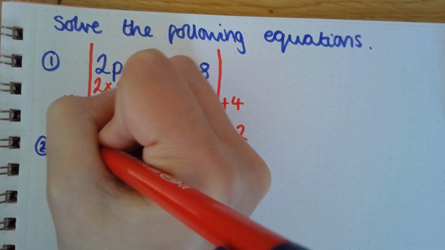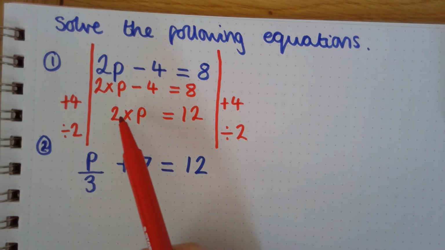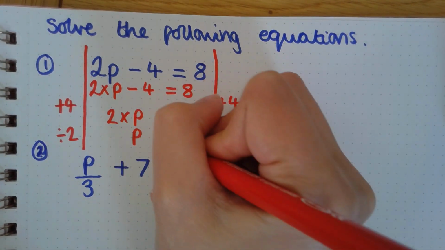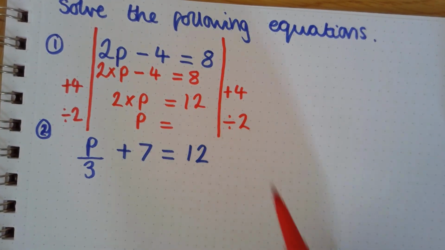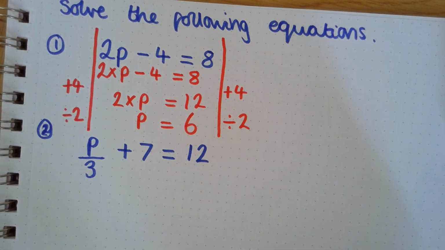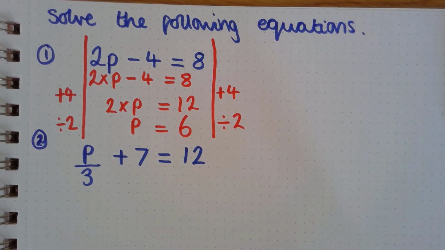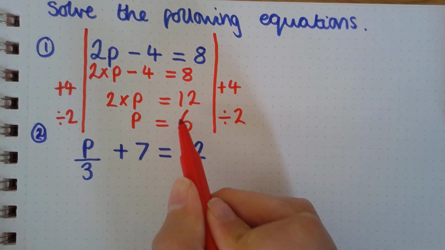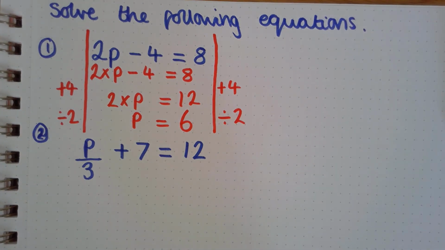So we're going to divide by 2 each side. Times by 2, divide by 2, all you're left with is P equals 12 divided by 2 is 6. So we've got a positive letter equals a value, so we've solved that equation.